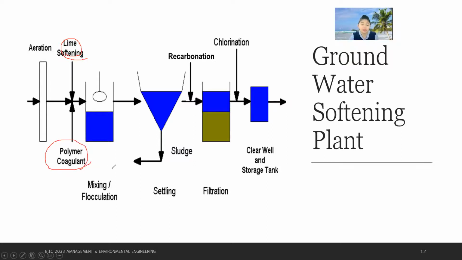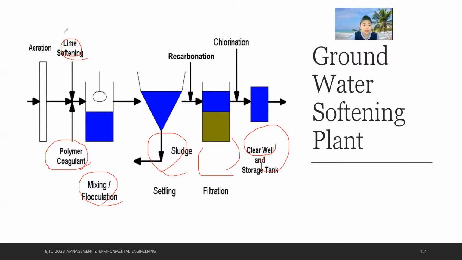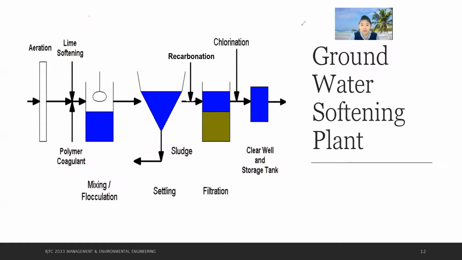Later, after I explain to you, there are descriptions for every stage, and then you will have a clearer understanding. Then flocculation, sedimentation, filtration, and then you will get clean water and store it. Here you can see the lime softening for the groundwater softening plants.